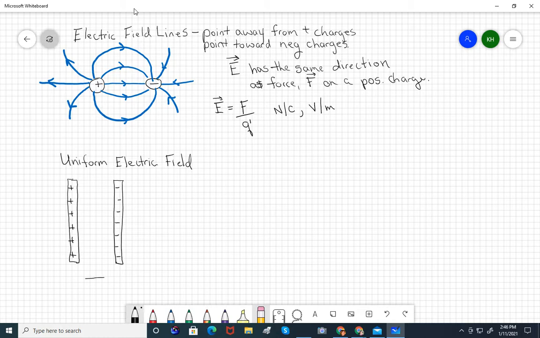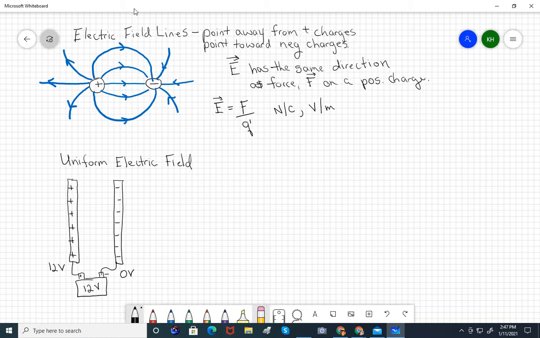If I put them up to a 12-volt battery, and I connect the negative terminal to one side and the positive terminal to the other. Usually when we do something like this, we let the negative terminal be at 0 volts potential, and the positive terminal then would be at 12 volts potential. We know there is a 12-volt potential difference between the two terminals.